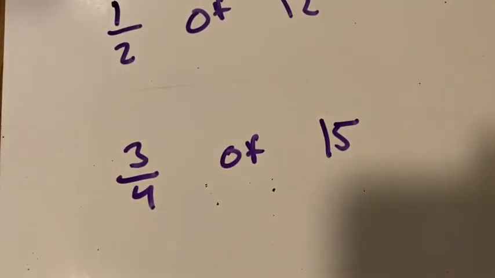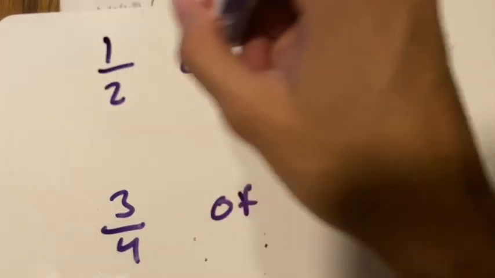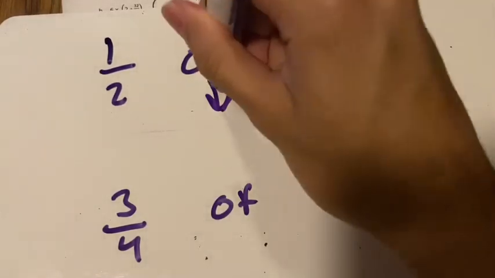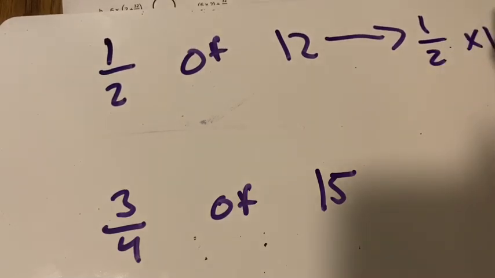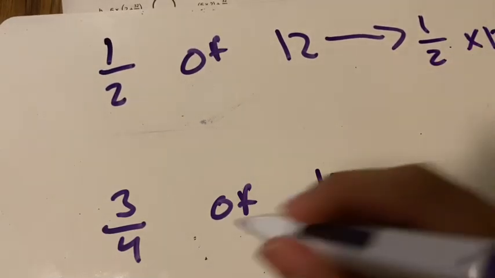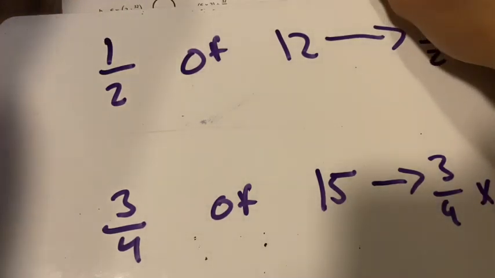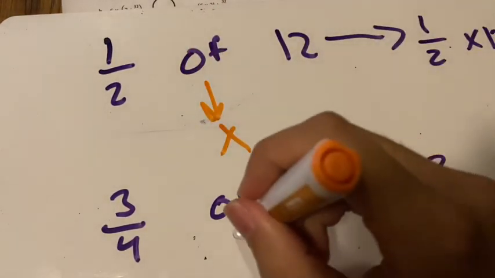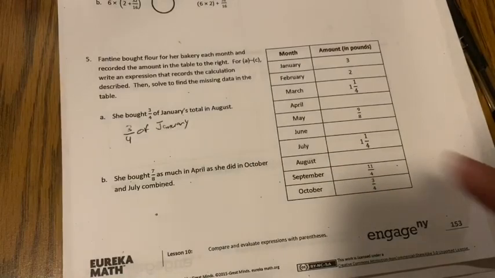That really just meant 1/2 times 12, and 3/4 times 15. So again, it's the same thing. Just think of this word "of" as a multiplication sign. And so we're doing the same thing here.